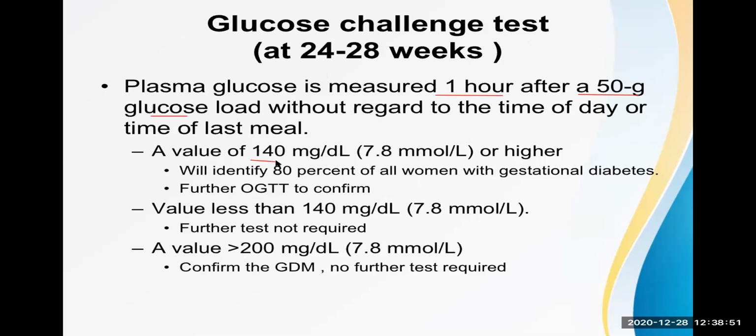A value of 140 milligram per deciliter or higher will identify 80% of all women with gestational diabetes. So this is a very important data. For a value less than 140, further testing is not required.